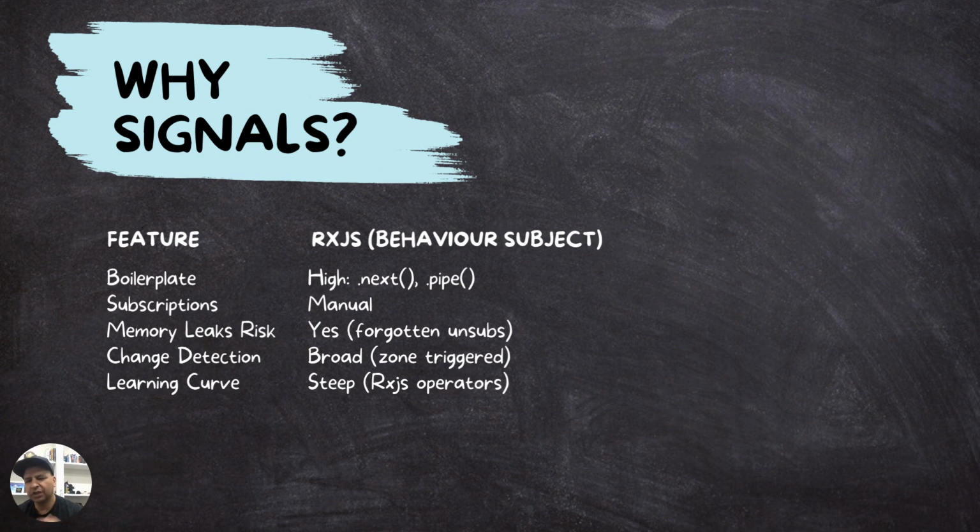And here's the catch: RxJS is not directly tied to Angular's rendering system. So that means when a value changes, Angular pretty much has to guess whether to re-render, often triggering more change detection than needed. And if you have a large application, this can lead to performance bottlenecks.